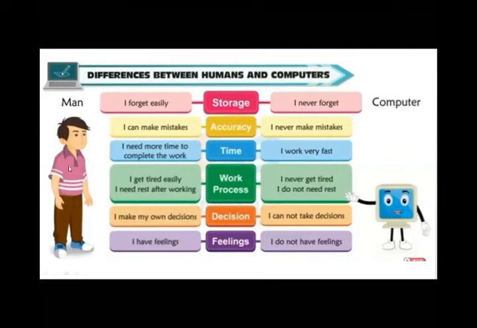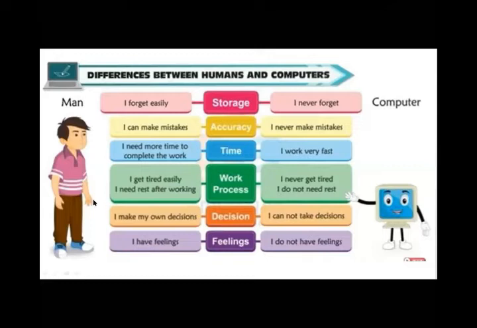Okay. The next difference is "I make my own decisions." The man is saying, I make my own decisions, and the computer cannot take decisions. The last difference is "I have feelings."